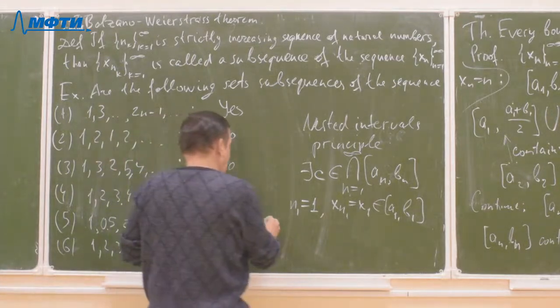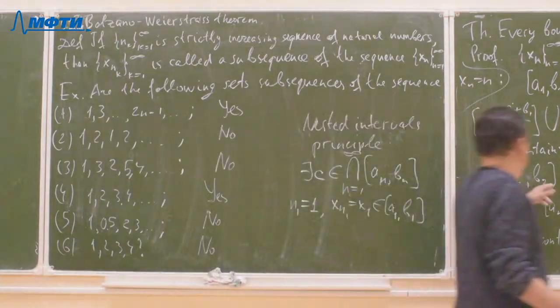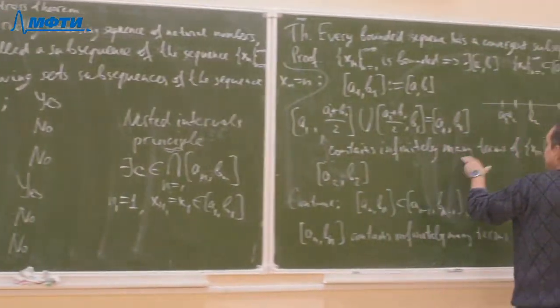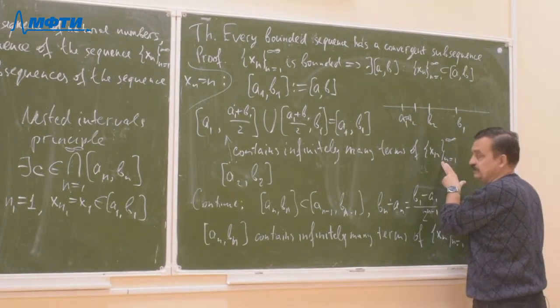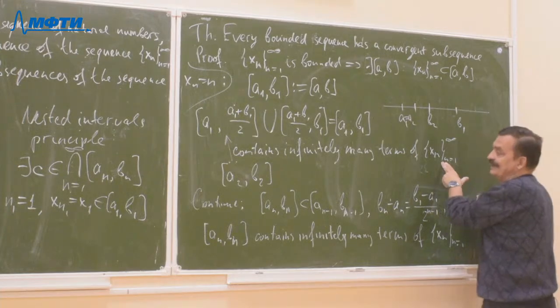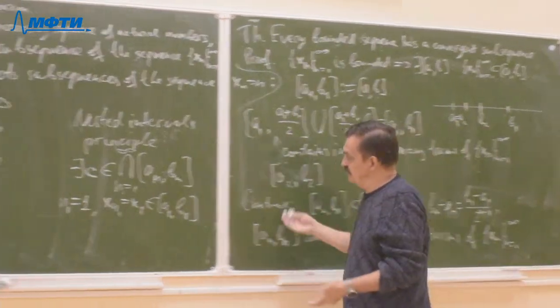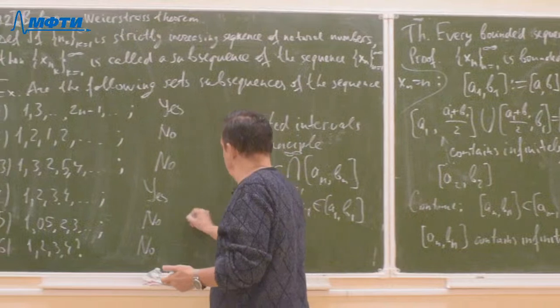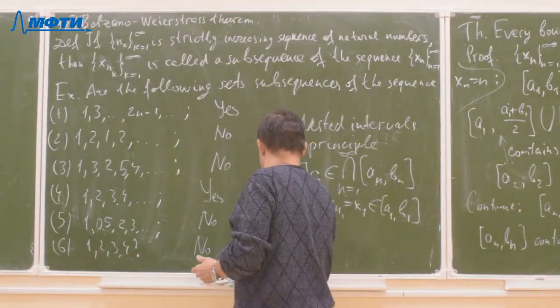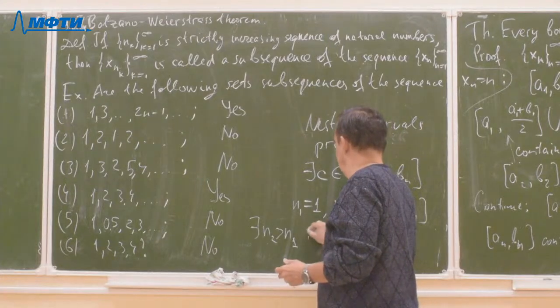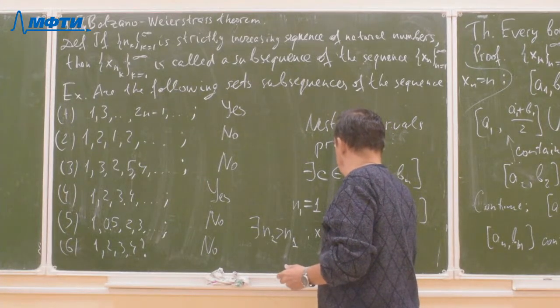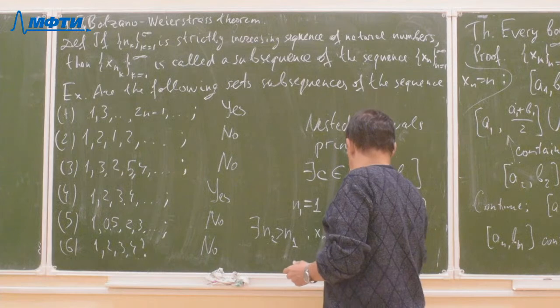Then a2, b2 contains infinitely many terms of xn. Hence, there is an index n2 greater than n1 such that x_n2 belongs to a2, b2.